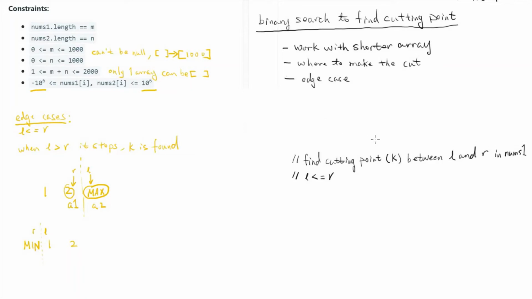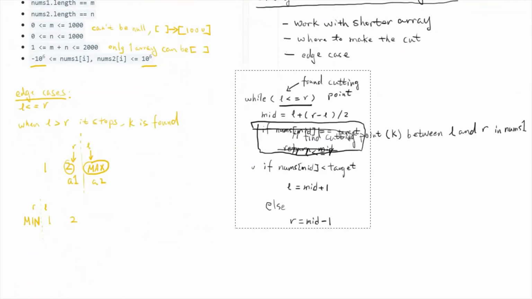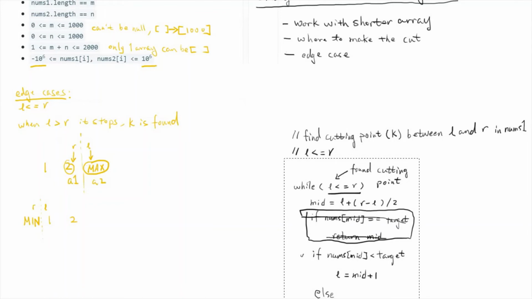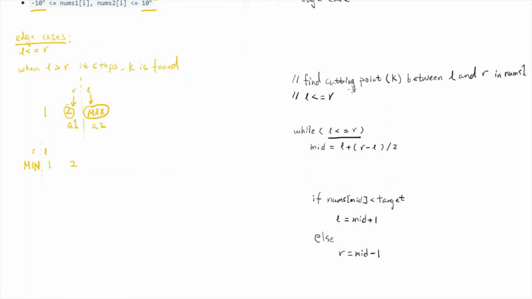Let's copy and paste the binary search while loop we wrote before. And because we are finding the point K, we're going to declare an integer K. We initialize it as 0.